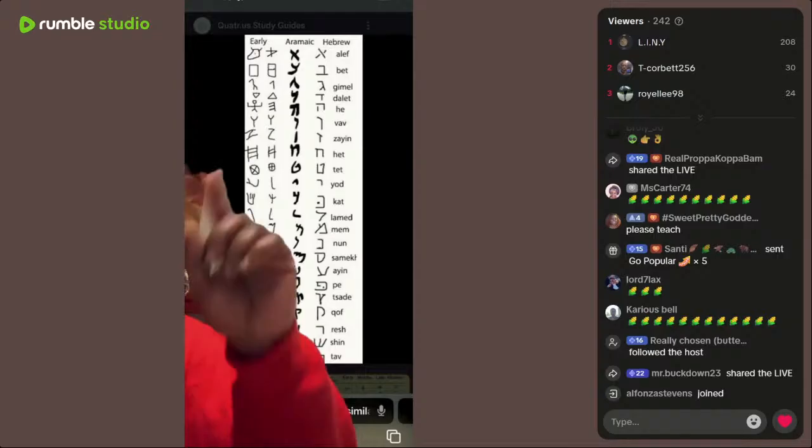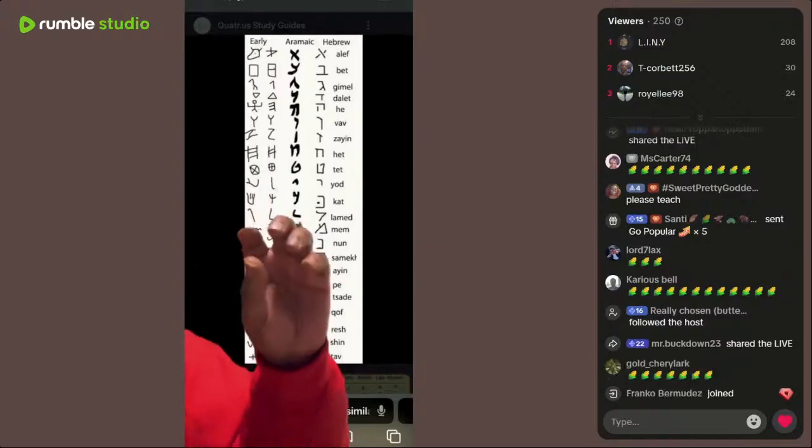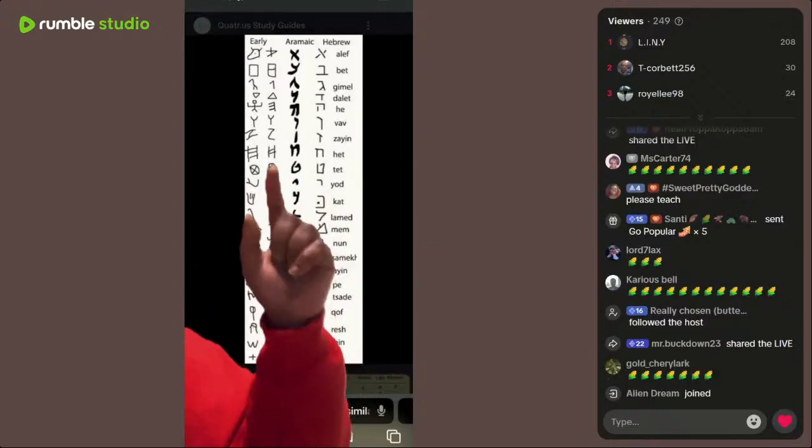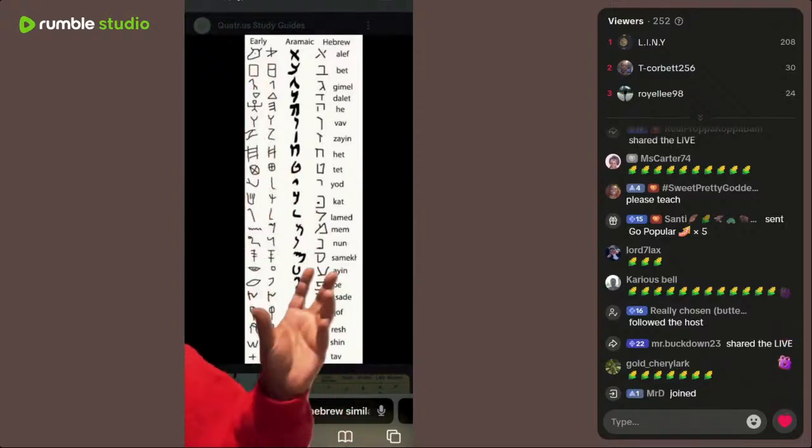Now, you got early Hebrew, then you get Aramaic and late Hebrew. Aramaic ain't nothing but just a little twist on Paleo. That's it. Just a small twist.